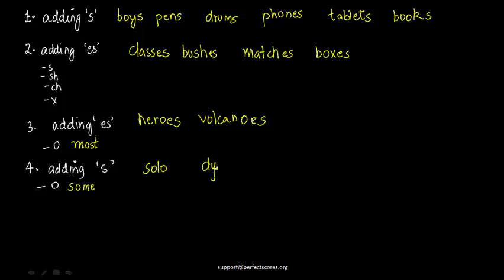Solo, or the word dynamo, or the word logo. All you need to do to make them plural is add one single S at the end. But remember, this is applicable only to some of the words that end with O. For most of the words that end with O, you need to add ES. So don't get confused between these two. And let's go ahead and see what's the next method of making a noun plural.